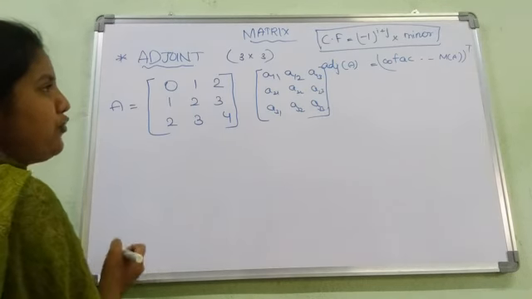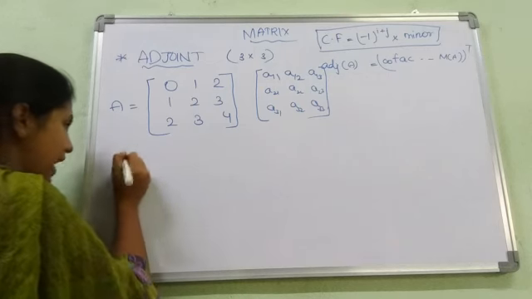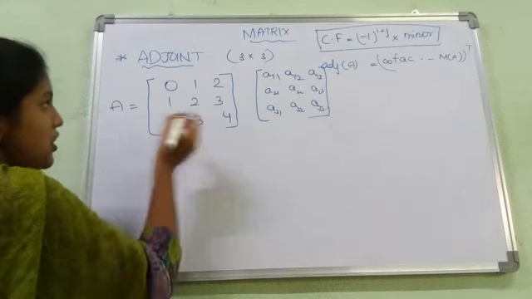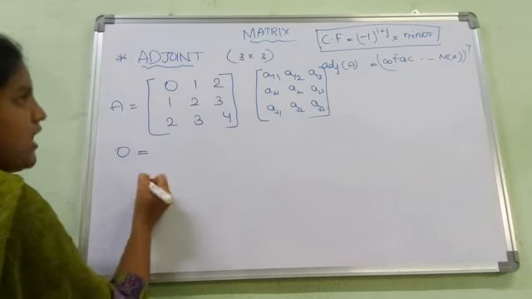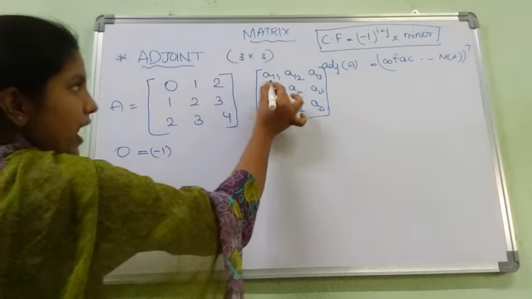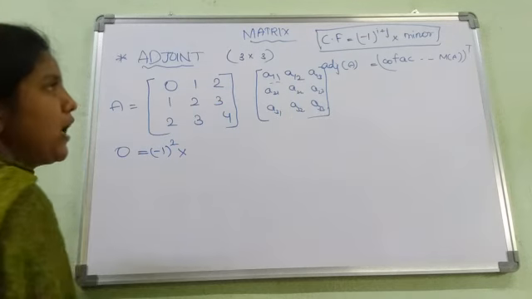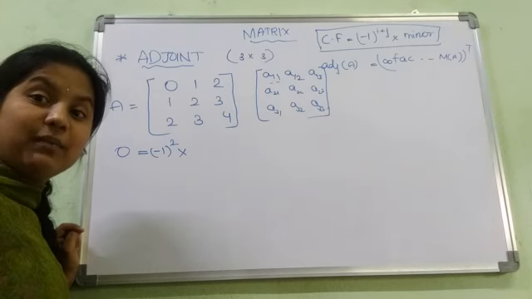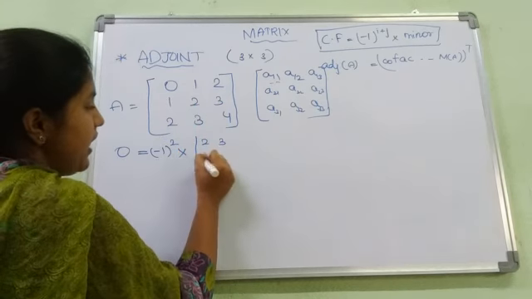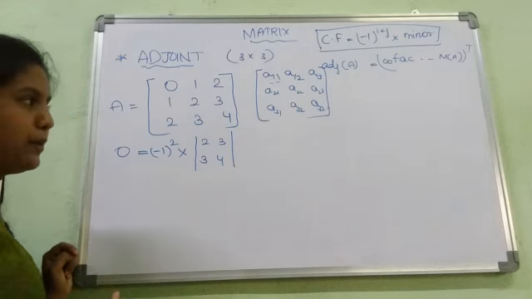So now we need to find the cofactor matrix. So the cofactor of 0 will be -1 to the power of i plus j. I am not writing cofactor directly because there is no space here. i plus j, 1 plus 1, 2, into minor. What is minor? In a 3 into 3 matrix, as I told you, we need to take the determinant. Is it clear now?